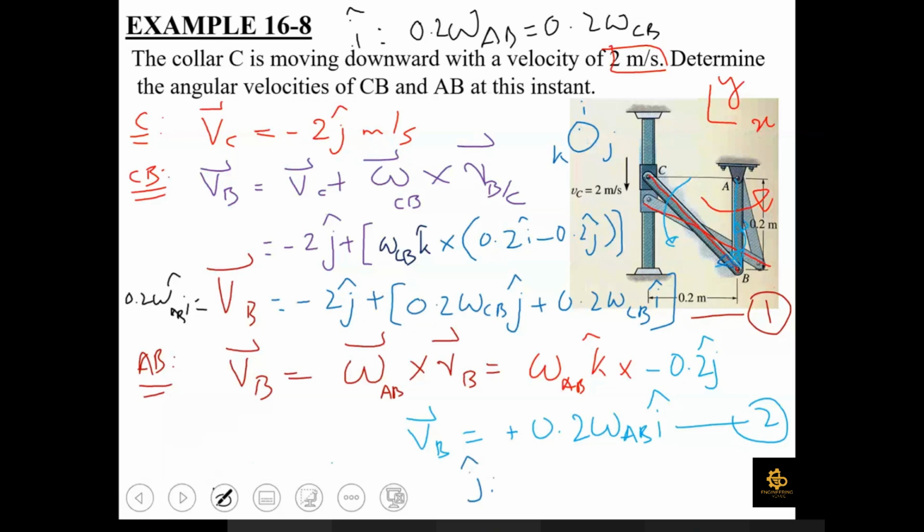Okay, now comparing the J coefficients on both sides of this equation. What is the J coefficient on the left hand side? 0. What is the J coefficient on the right hand side? It is minus 2 plus 0.2 omega CB. So this is the equation for the J coefficient: 0 equal to minus 2 plus 0.2 omega CB. So these are the two equations which we need to solve.